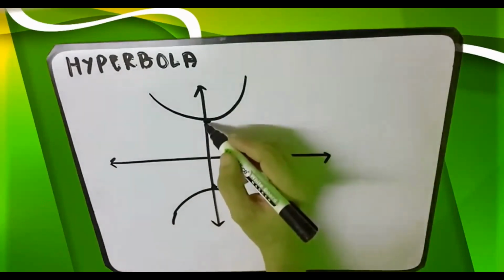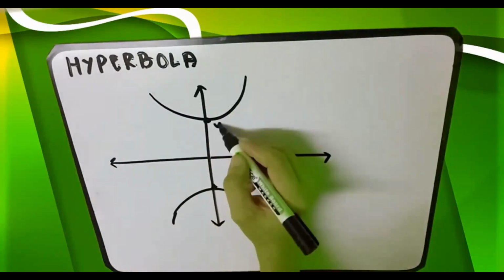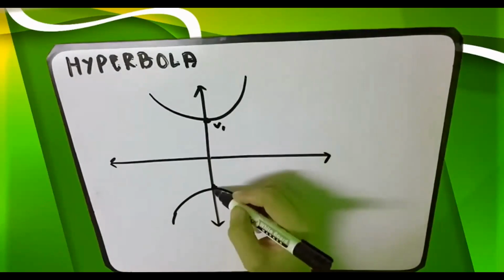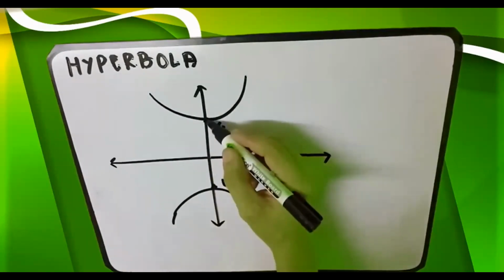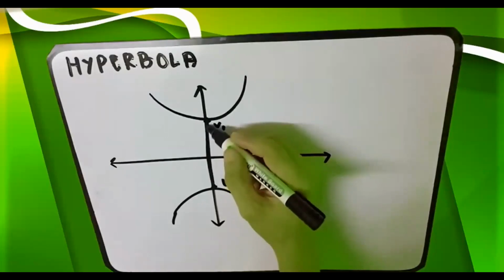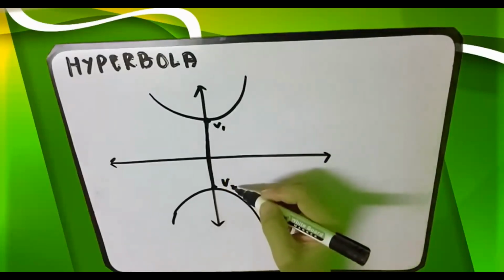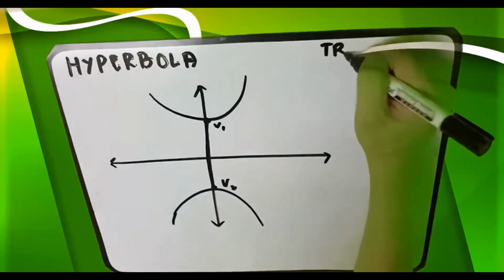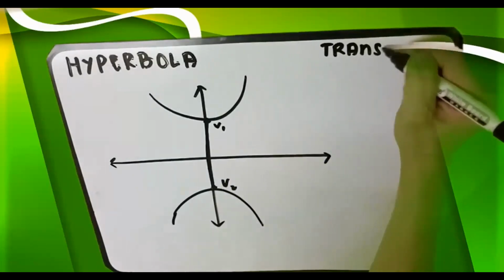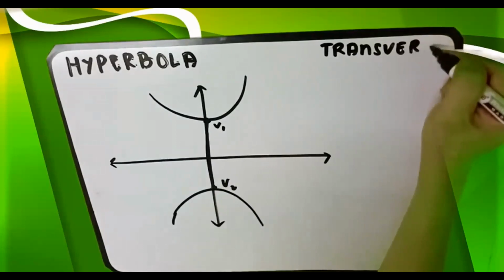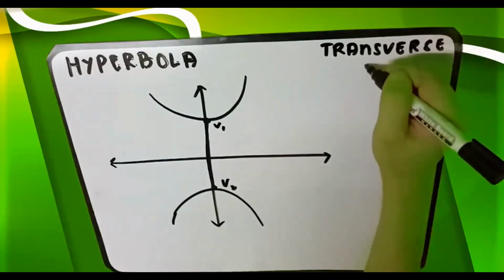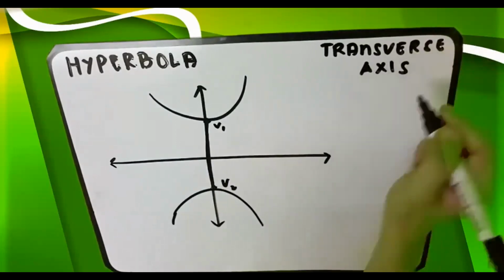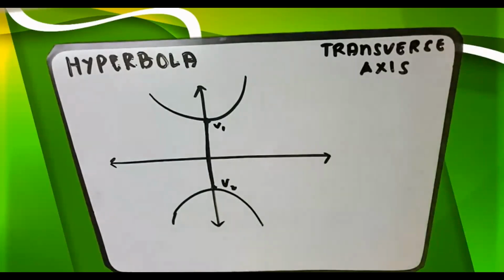Yung distance from vertex 1 hanggang vertex 2 or yung line segment na na-form from vertex 1 to vertex 2, that is called transverse axis.